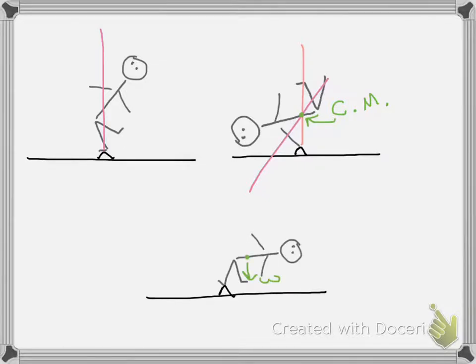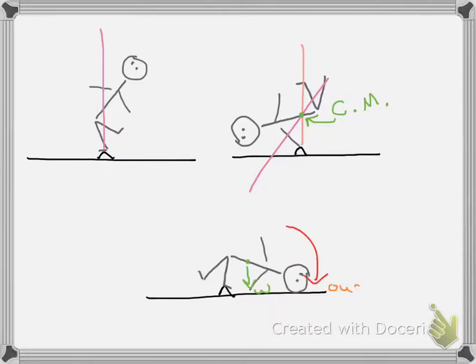If the person were to get up on this balance in a different way, such that the center of mass was not right over the pivot point, that weight force would cause that person to rotate. And that's going to hurt. So it's possible for the weight force that acts on an object's center of mass to cause it to rotate.